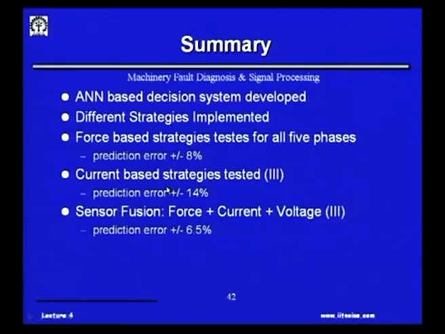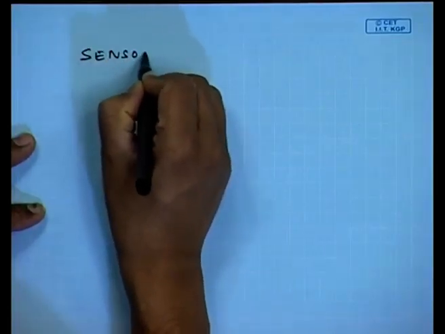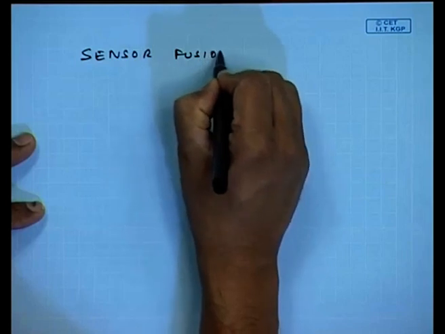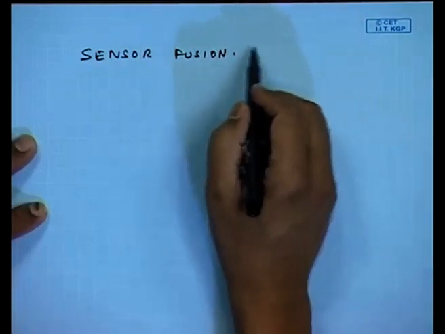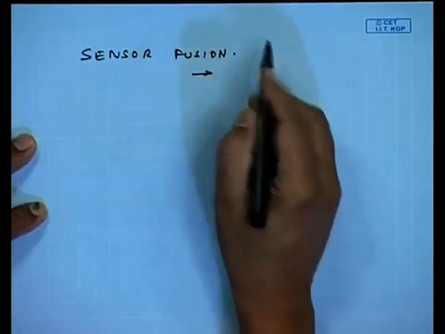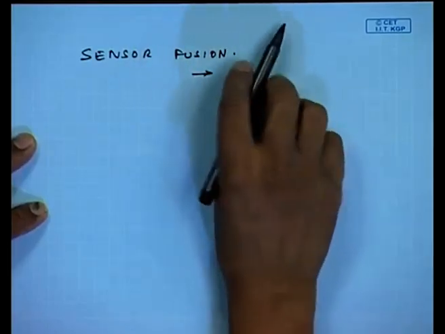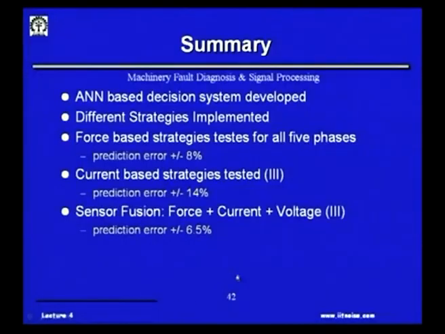In this example you will see that when the force based strategy tests were conducted for all 5 phases, the prediction was within 8%, but when only current based strategies were used, the prediction error was 14%, which is very high.